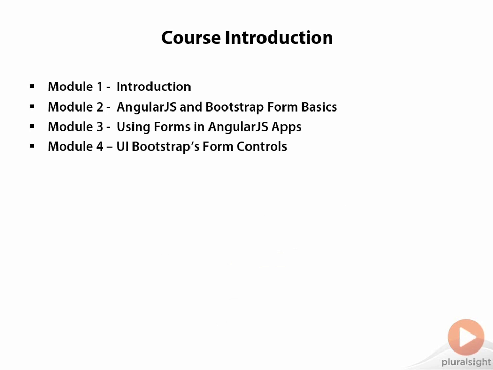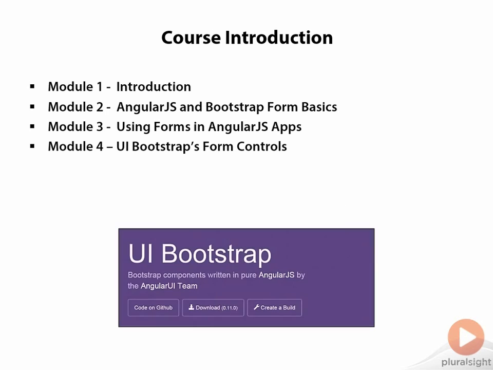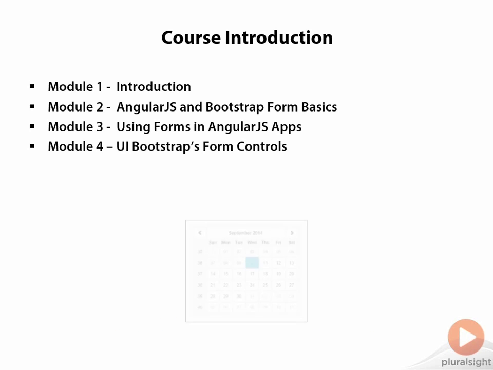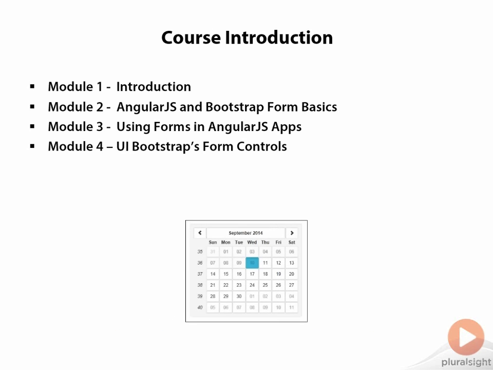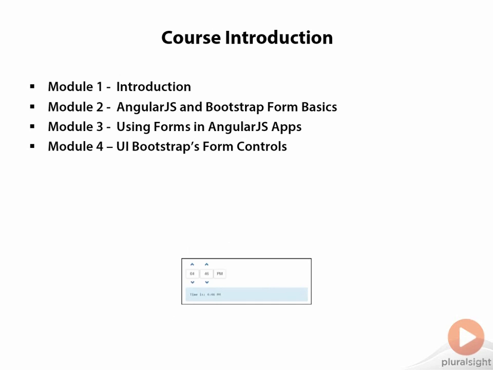For Module 4, we'll take a close look at the UI Bootstrap project. UI Bootstrap is an open source project by the Angular UI team, which gives us many useful controls for forms in AngularJS. We'll add a date picker control and a time picker control to the employee form. We'll also look at UI Bootstrap's other controls implemented as Angular directives.